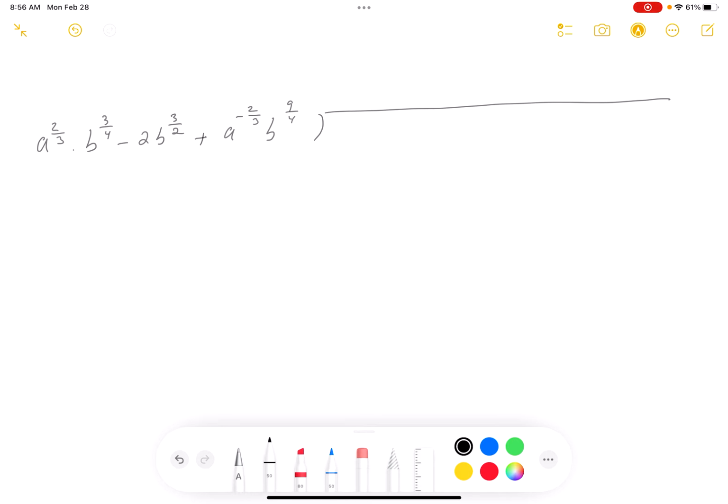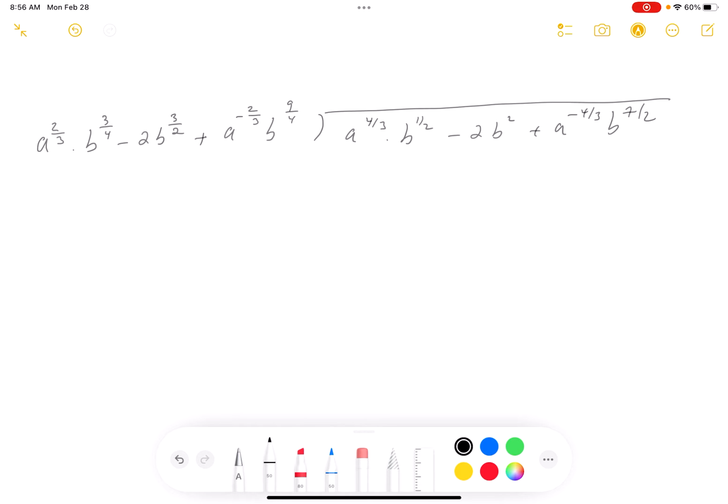A to the 2/3, b to the 3/4, minus 2b to the 3/2, plus a to the minus 2/3, and b to the 9/4. And I'm going to divide this into a to the 4/3, b to the 1/2, and then you get minus 2b squared, and then you get plus a to the minus 4/3, and you get b to the 7/2.